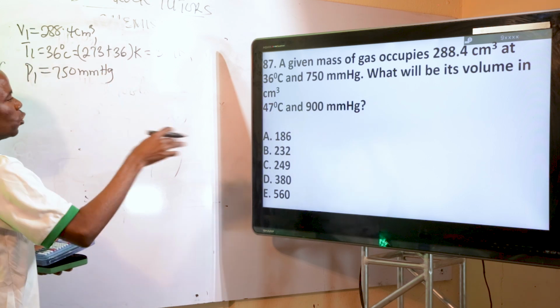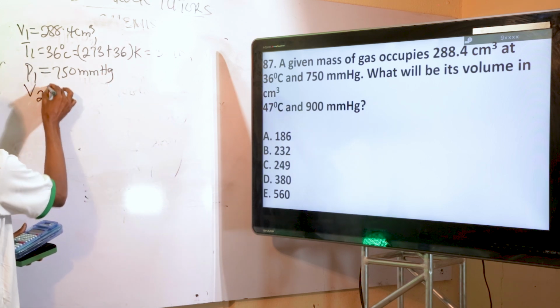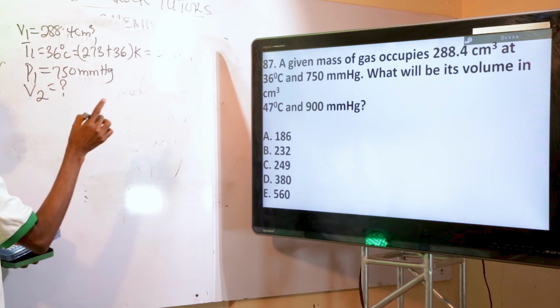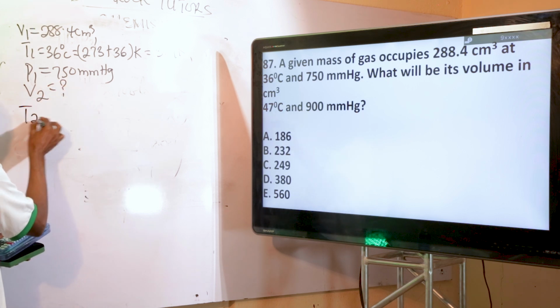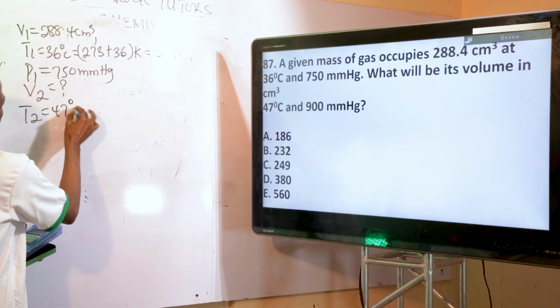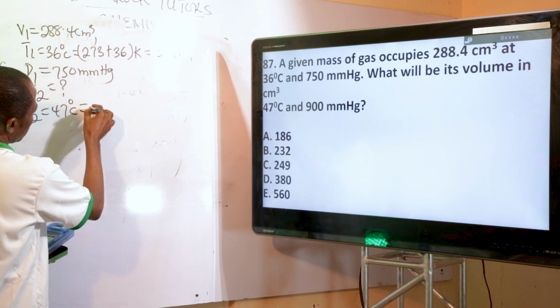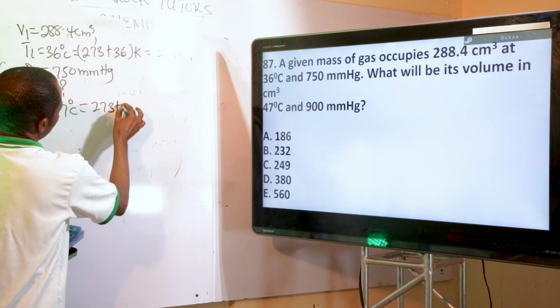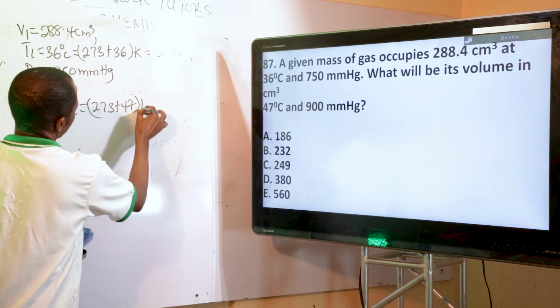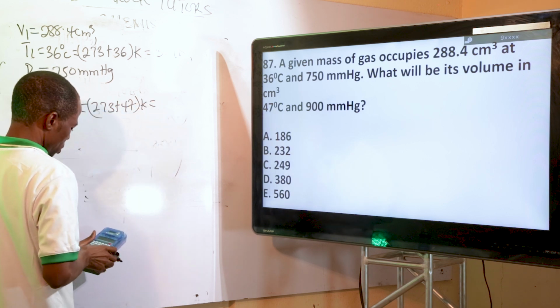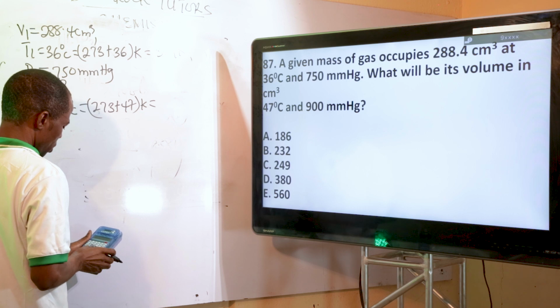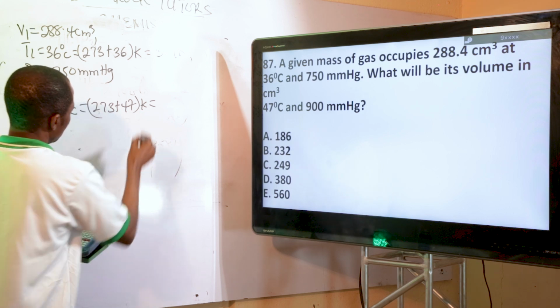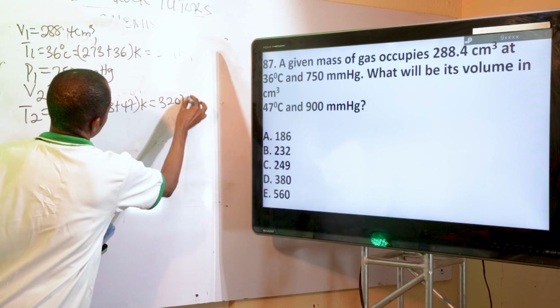Now, what will be the volume? That is, what will be V2? V2 is unknown, when the temperature T2 is equal to 47 degrees Celsius. Converting this to Kelvin, that's 273 plus 47, which gives us 320 Kelvin.